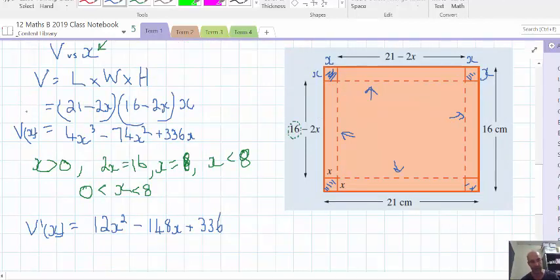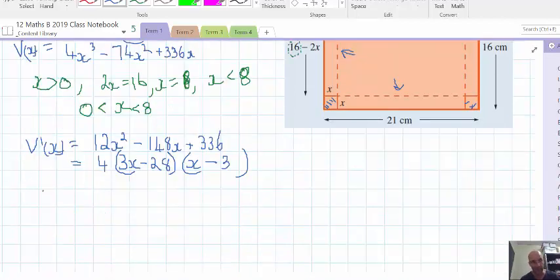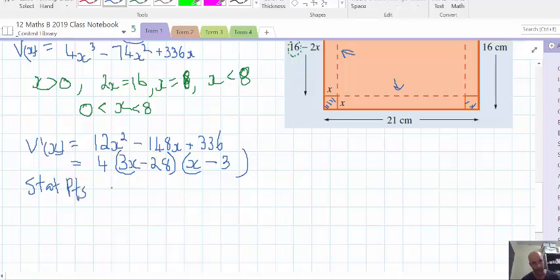What I've done now is take the derivative, so we'll call that v dash of x if the original is called v of x. And we know we need to look at maxima and minima in such problems. So factorize that now, and we need to look at the stationary points, which is when your derivative is equal to 0.